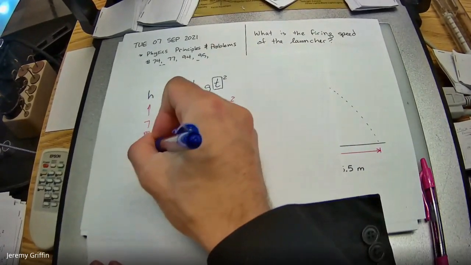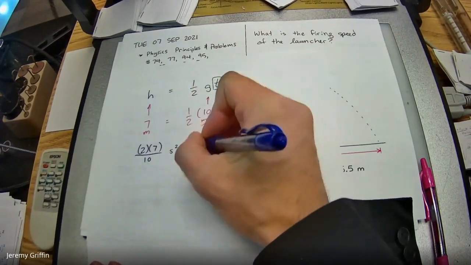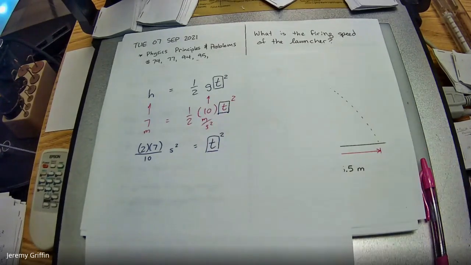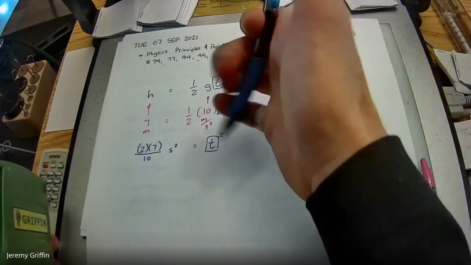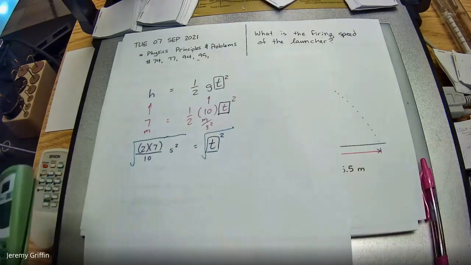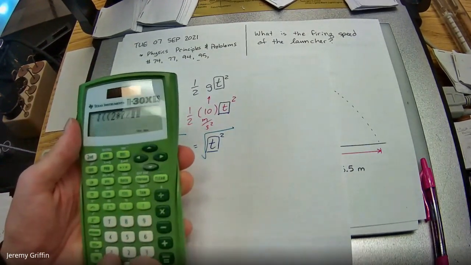So 2 times 7 over 10. The meters would cancel, you have seconds squared. That's equal to time squared. Then shouldn't I just square root both sides? What is the square root of 2 times 7 over 10?